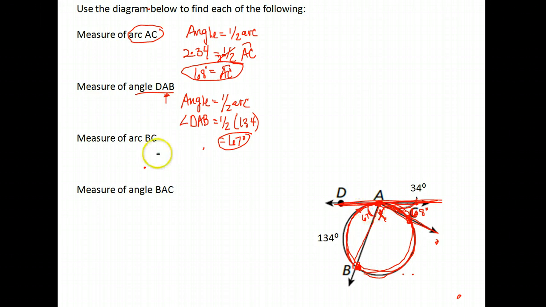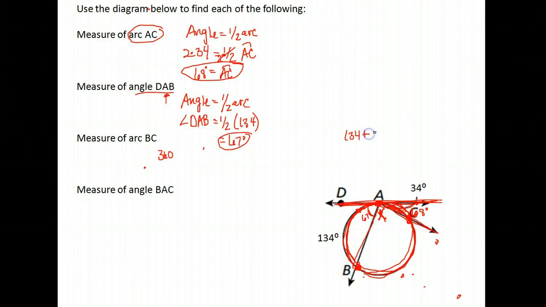A full circle is 360 degrees, correct? Okay, so right now we know this part of the circle is 134. We skip this section from B to C, and then this last portion is 68. So we know if we go 134 degrees and then whatever BC is and another 68, we get a full 360.